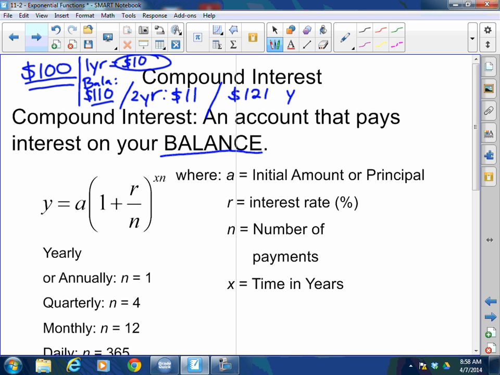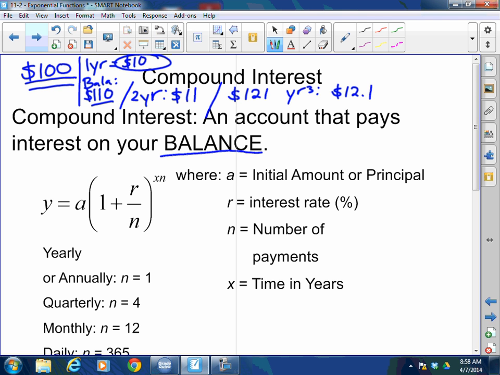So year three, you're going to get $12.10, etc., etc., etc. Compound, think of the word compound, it takes what you started with, takes your interest, it adds it together into what's called the balance, and it pays you on the total balance.